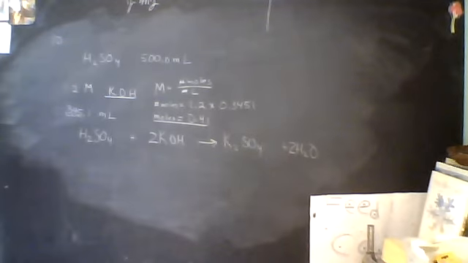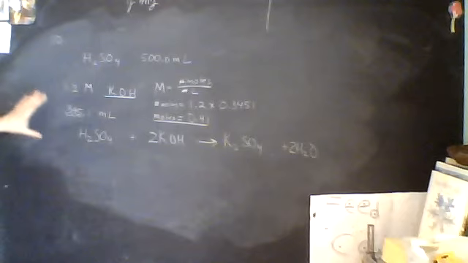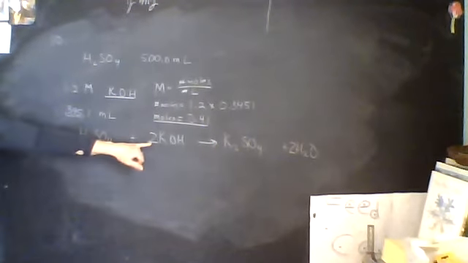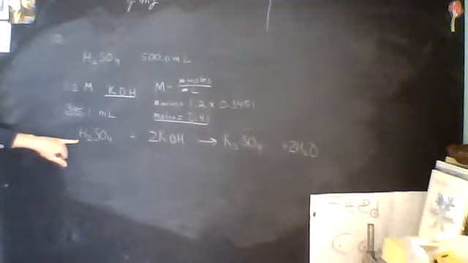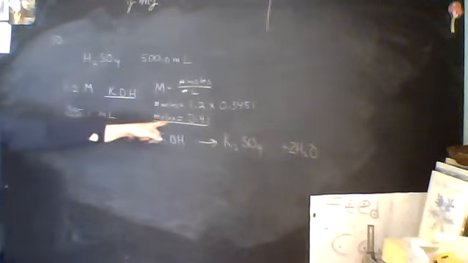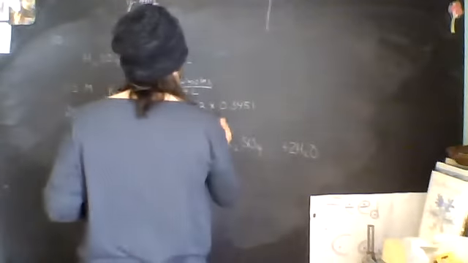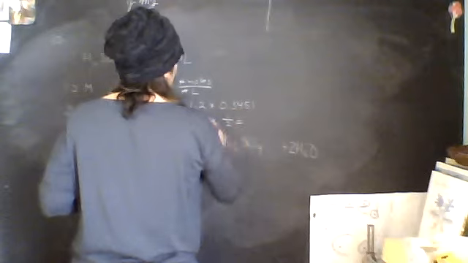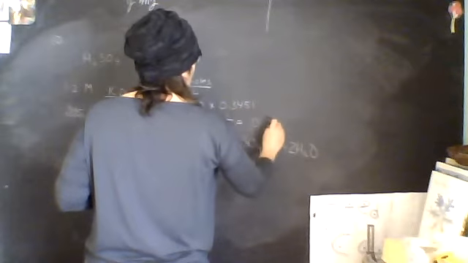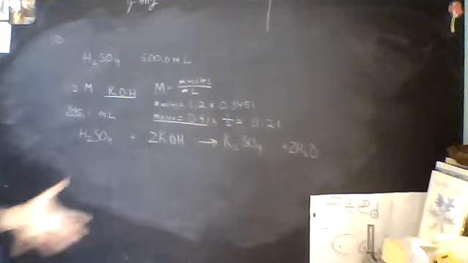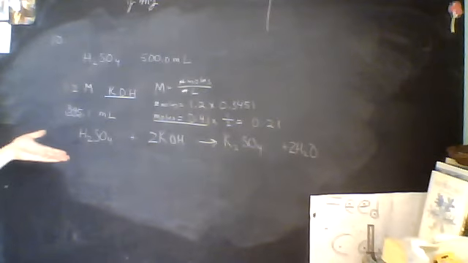Okay. Let's look at our reaction. If I use 2 moles of KOH, how many moles of H2SO4 do I use? 1. So I'm going to use half of this. So let's multiply it by 1/2. That gives us 0.205, which is going to give me 0.21 because I can only have 2 digits.